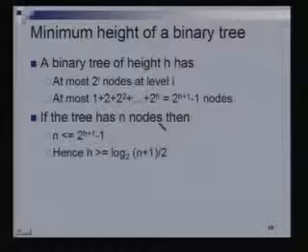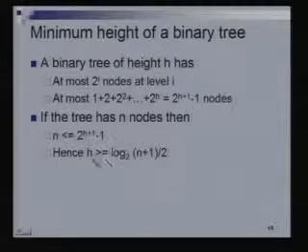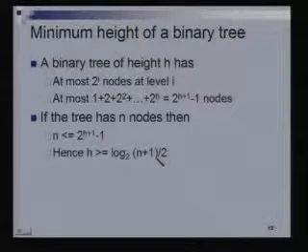So let's rewrite this. Suppose I told you that the tree has n nodes, right? Then n is less than or equal to this quantity, which means that the height of the tree, I just rearranged this, is at least log of (n plus 1) by 2. So if I give you a binary tree with n nodes in it, its height is at least log of (n plus 1) by 2.